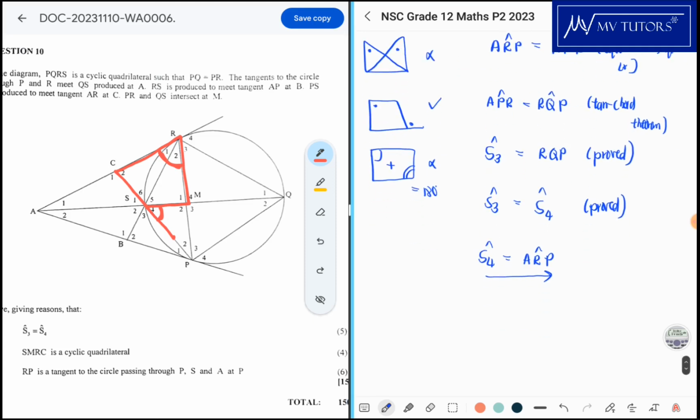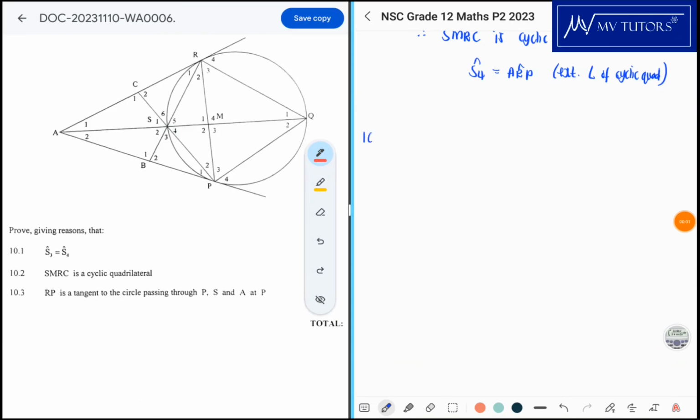Therefore we can conclude that SMRC is a cyclic quad, because S4 is equal to ARP, and that's the external angle of a cyclic quad. Oh my gosh, 4 marks, but we did it. Okay, 10.3.